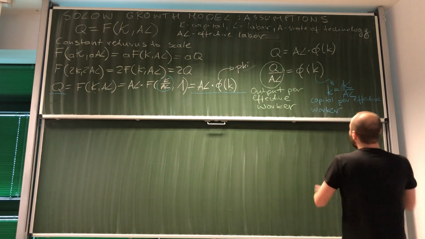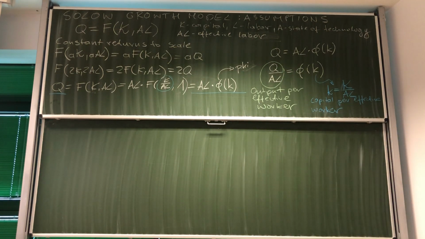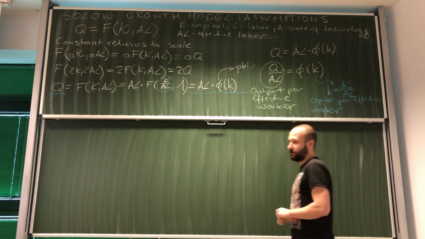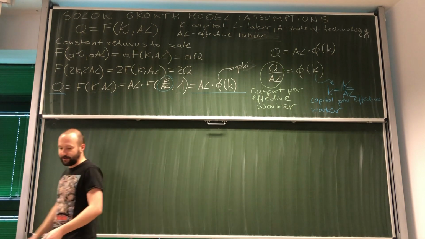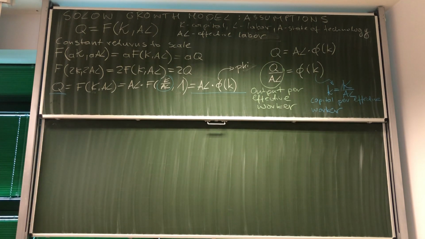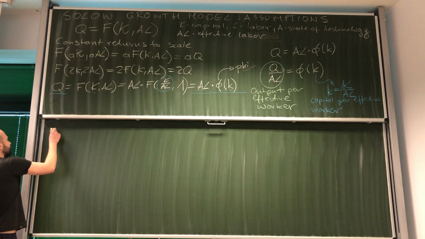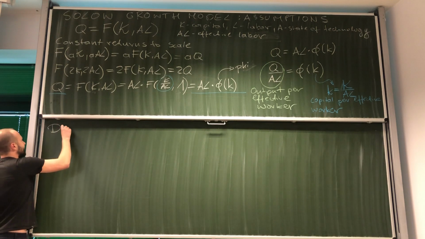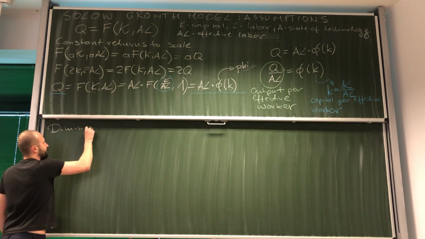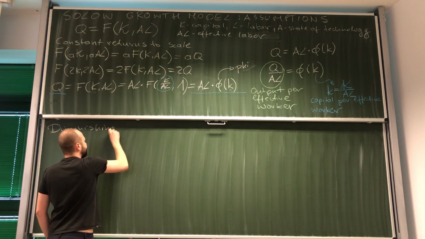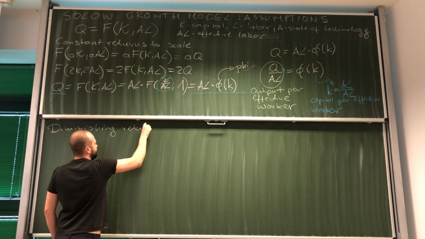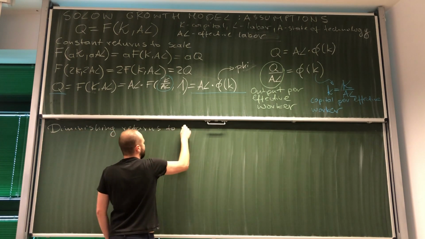But now, how does this function look? So, with the assumption of constant returns to scale, we are not ready to answer this question. It is for that reason we need to have a second assumption, and the second assumption is that we've got diminishing returns to factors.